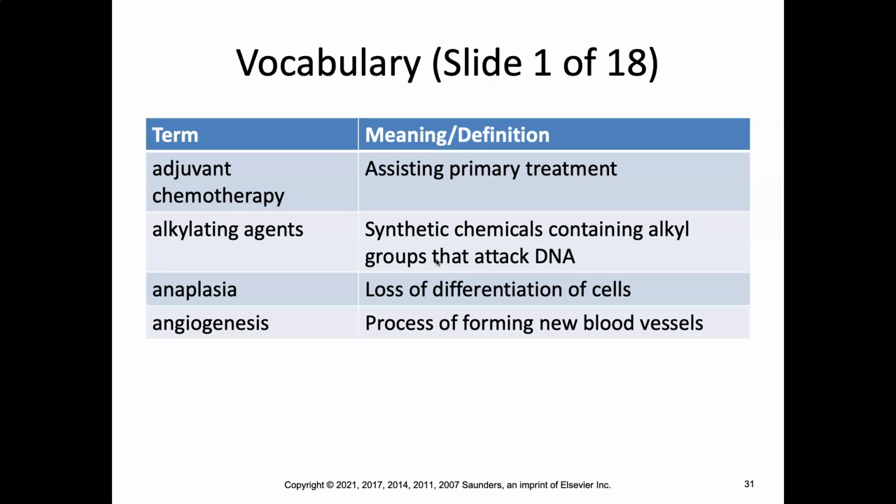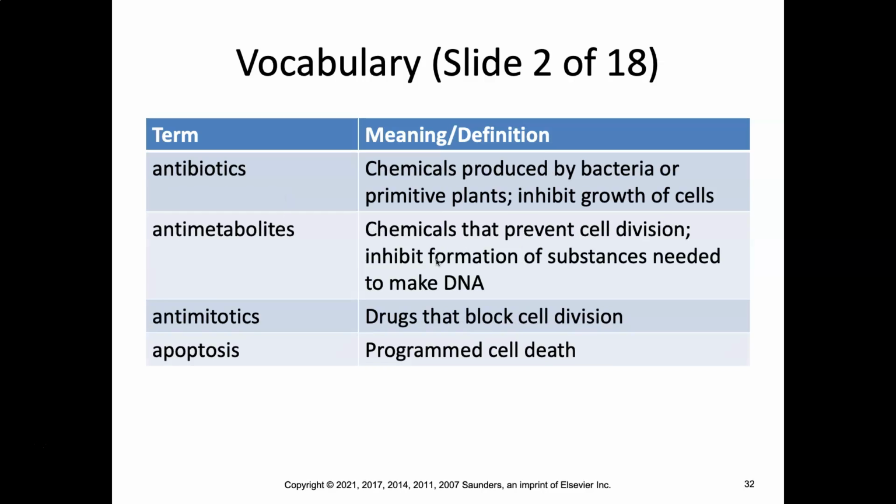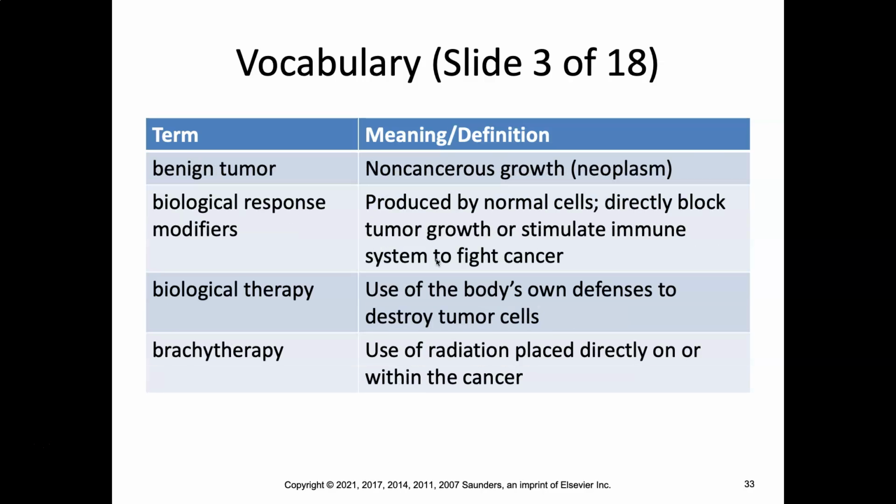So vocabulary, we have adjuvant chemotherapy, alkylating agents, anaplasia, angiogenesis, antibiotics, antimetabolites, antimitotics, apoptosis. So that's programmed cell death, apoptosis.